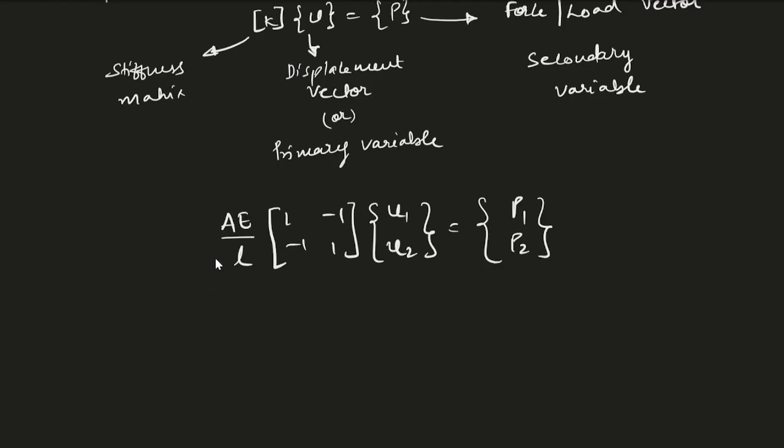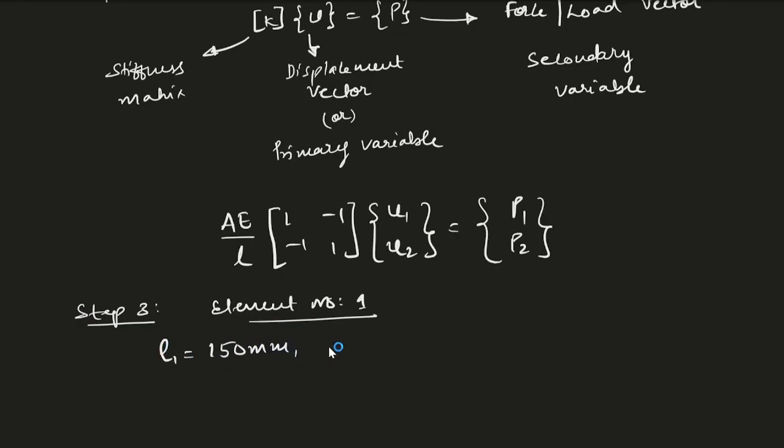Now we have to find all the parameters element-wise. Step 3, element number 1. In element number 1, the length L1 is 150 mm, the diameter is 60 mm, and the Young's modulus is given as E equal to 210 gigapascal.